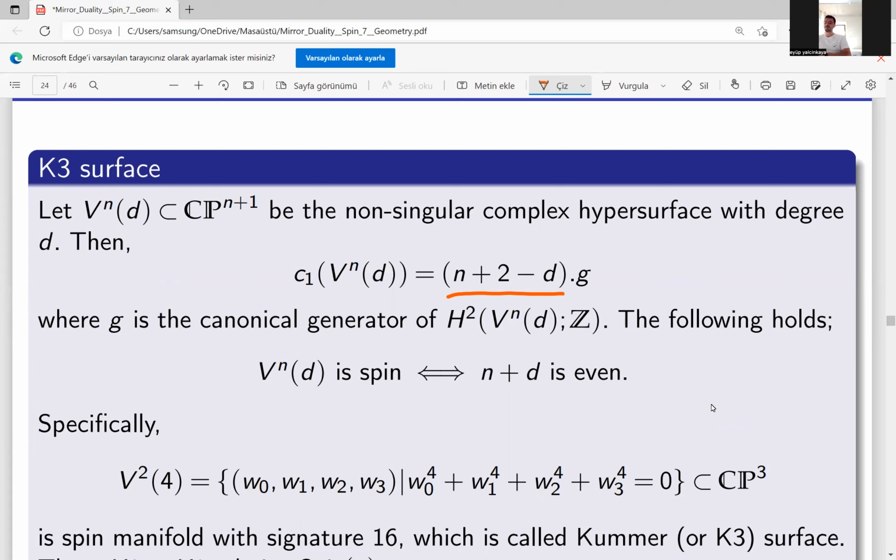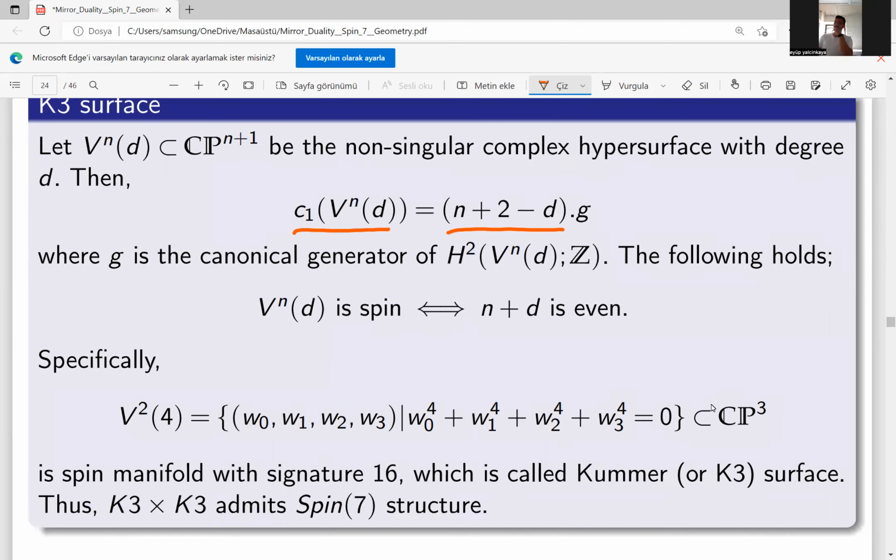And from here, if V_{n,d}, where d is the degree and n is the dimension, is this type of surface with Chern classes defined by these elements, we can see that the 4-dimensional object is spin. At first, we have to satisfy the spin condition, and n plus d is equal to even.